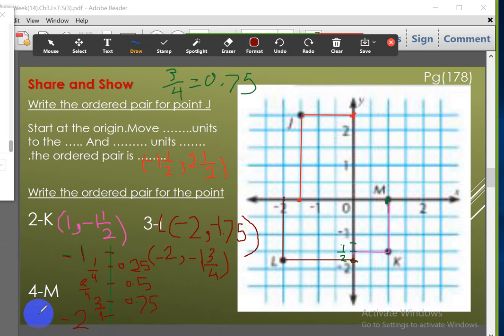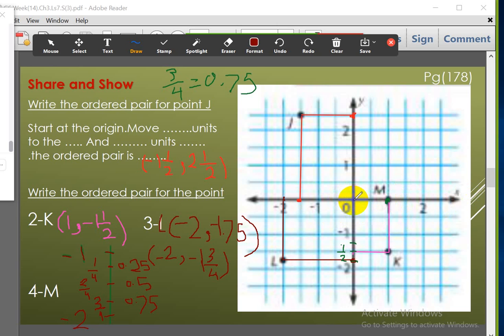Now I want to find M. M is a point on the x-axis. That means there is no need to draw a line from M to cross the x-axis. M is already on the x-axis, right? Just count to find the x coordinate.